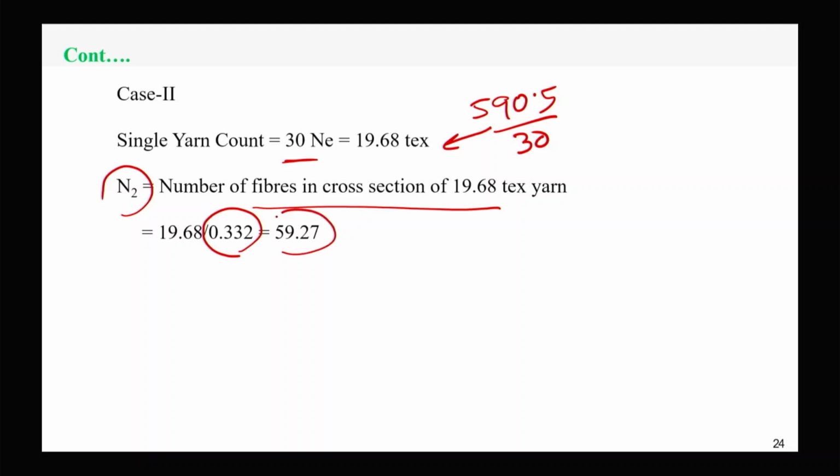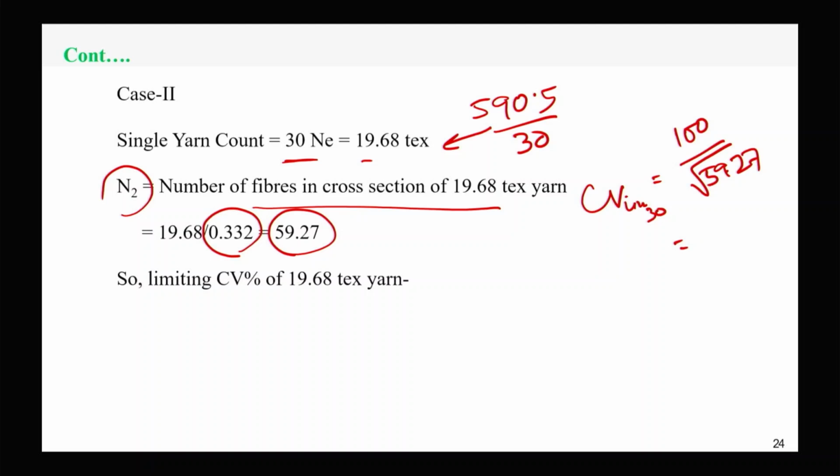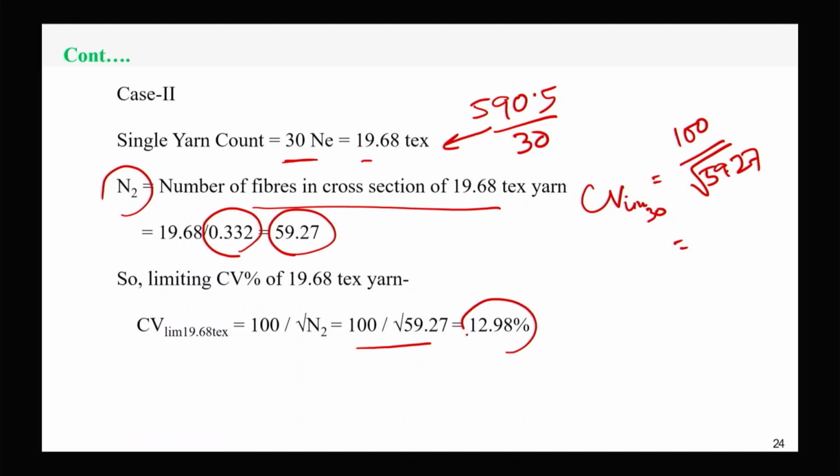So number of fibers in the yarn cross section is 59.27. Now CV limit we have to calculate for 30 NE, that is 19.68 tex. So it will be 100 by under root 59.27. That way we can calculate the CV limit. 100 by under root 59.27 is 12.98%.